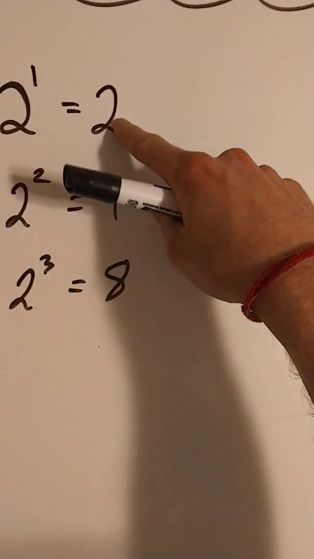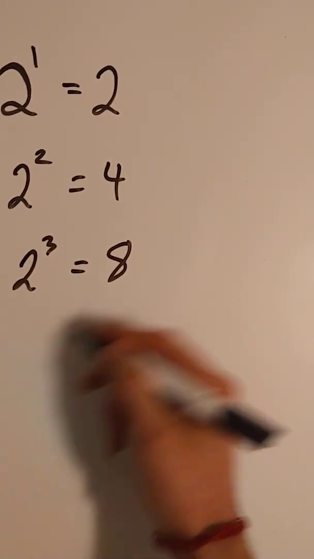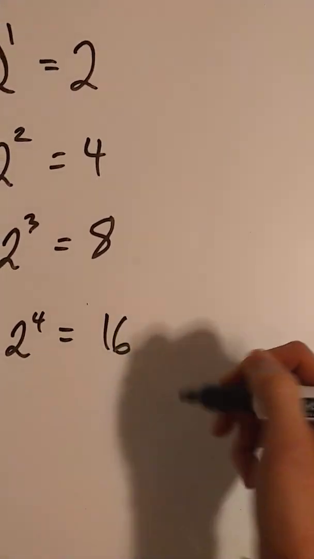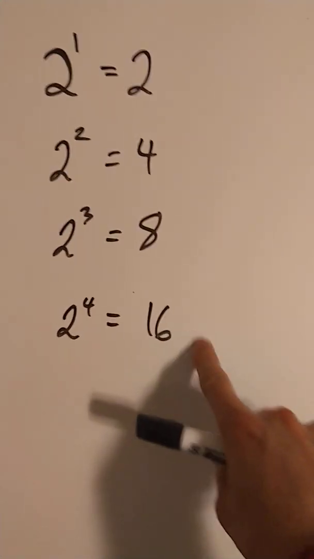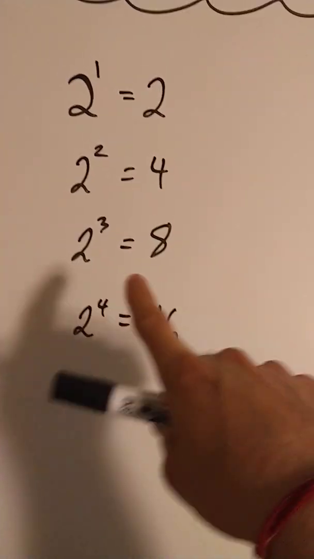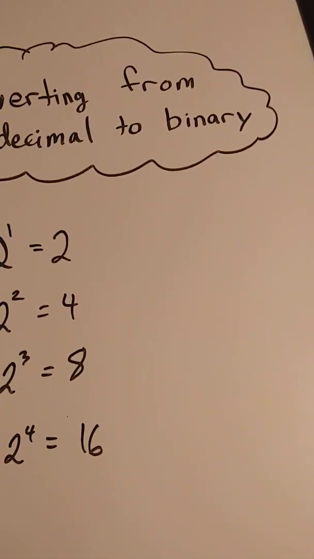You're noticing that these are being multiplied by 2 each time, right? And 2 to the 4 is 16. See, that was multiplied by 2, and you can predict that the next one would be 32. We should remember our powers of 2 in order to convert to binary.